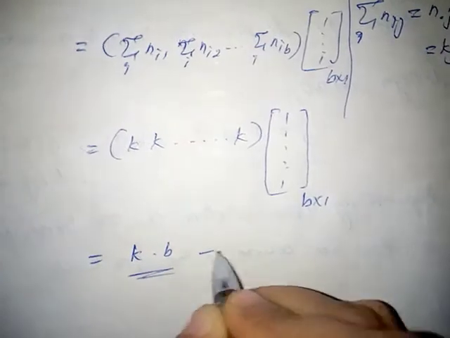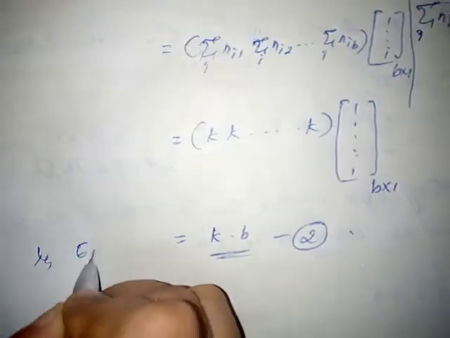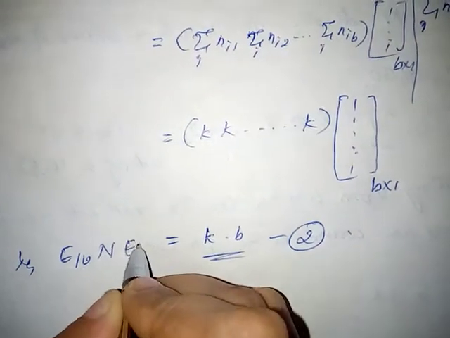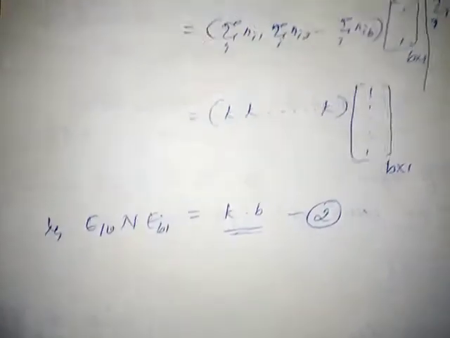Equation 2, that is e1v N eb1 equal to k into b.